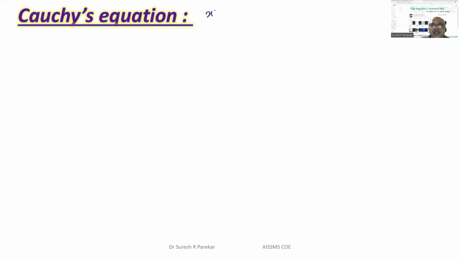So we can say like x square d2y by dx square minus x dy by dx plus y, that is something Q. So we are going to first reduce it to constants.